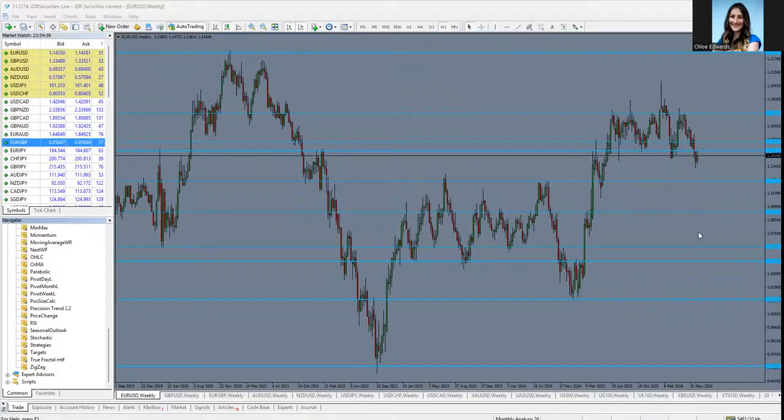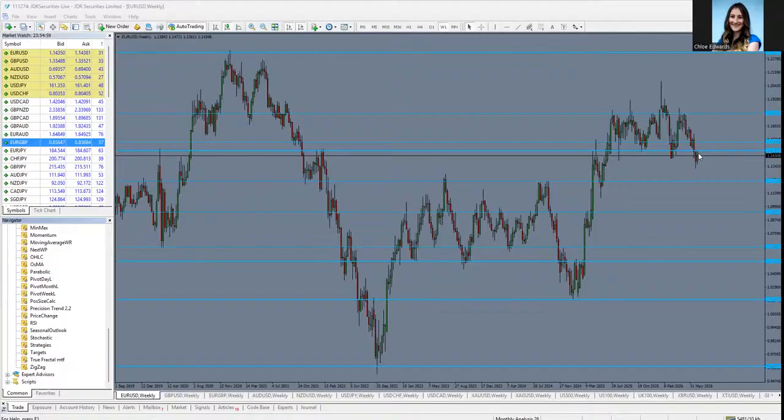So what you will see on my charts are the charts that I use every single week for my analysis for the week. Those charts have already been populated by hand by myself with the specific horizontal levels that I use in my trading, which, these levels that you see here in blue, are basically levels based on the monthly, weekly, and daily time frames that are important historic horizontal levels.